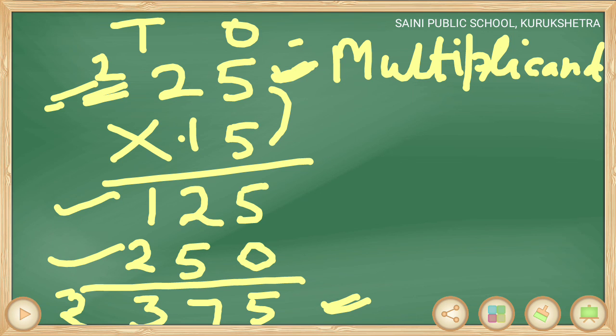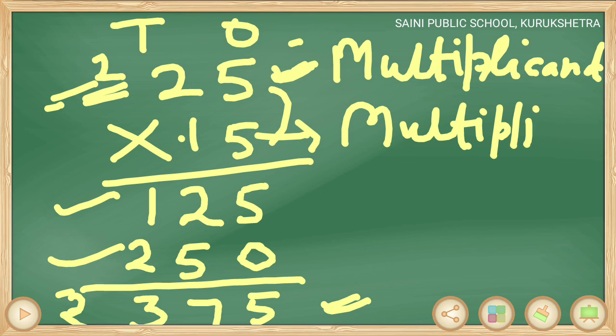Now what is 15? 15 is the multiplier, as I have already told you in the previous lecture. What is multiplier? Multiplier is the number by which we are multiplying a number. In this question we are multiplying 25 by 15. So 15 is our multiplier and 25 is our multiplicand.